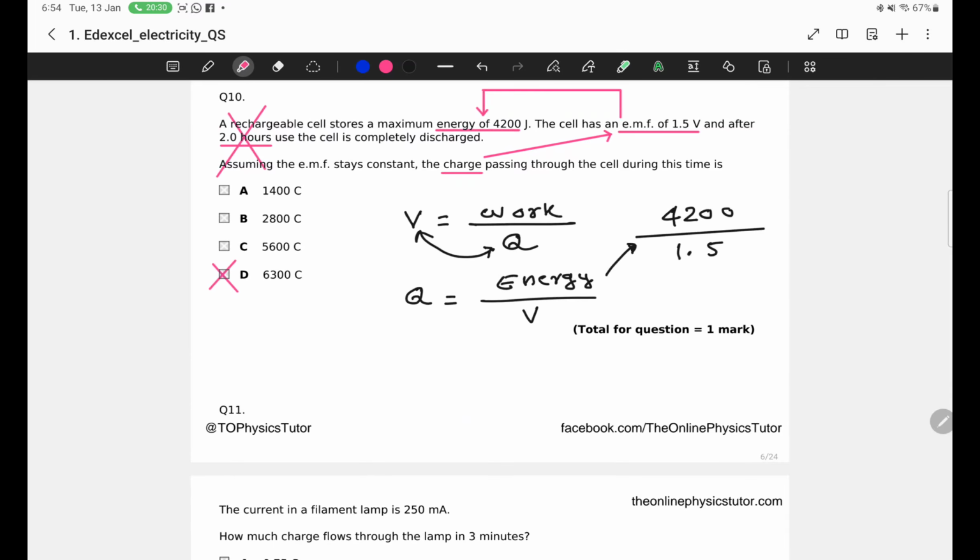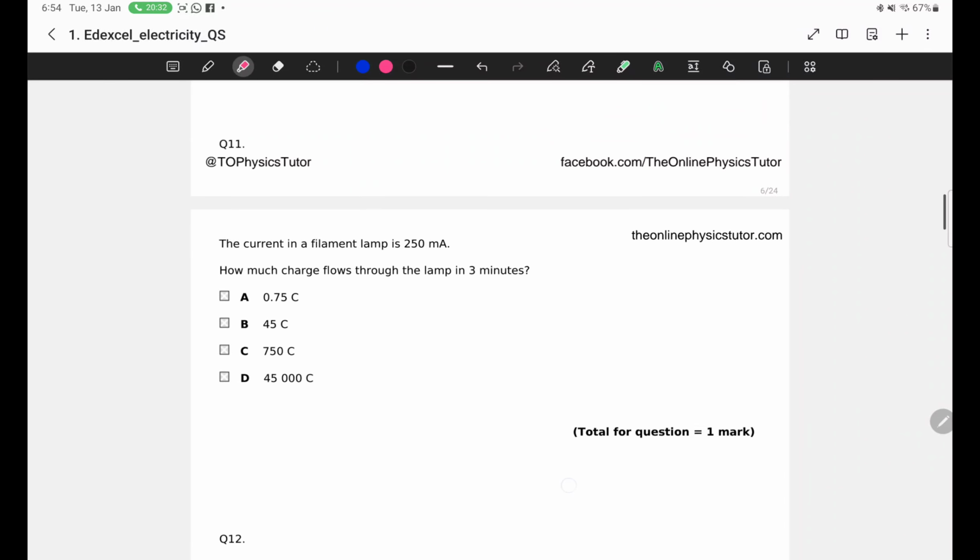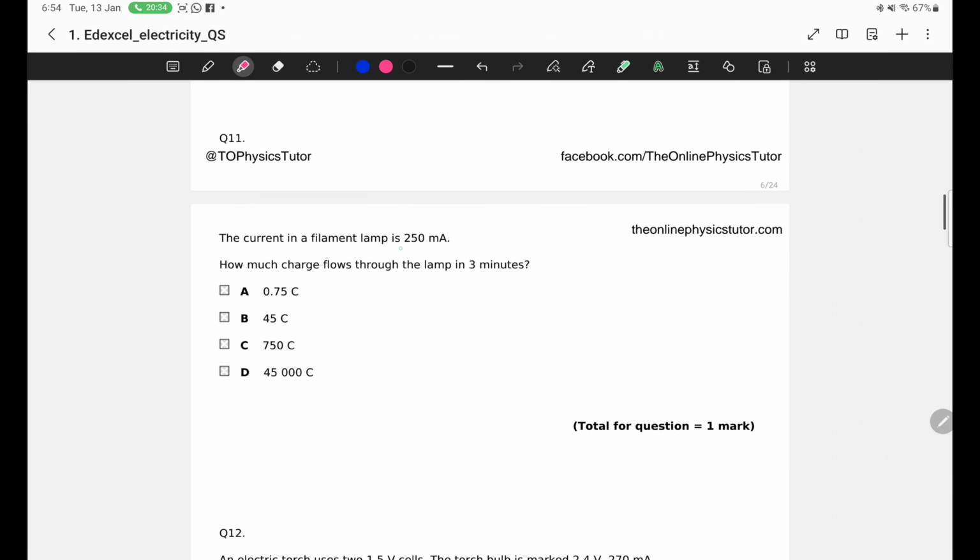And now question number 11. In question number 11, you are given current, you are given time, and you have to calculate charge. So charge is the product of current into time. The current is 250 milliampere, and the time is 3 minutes.